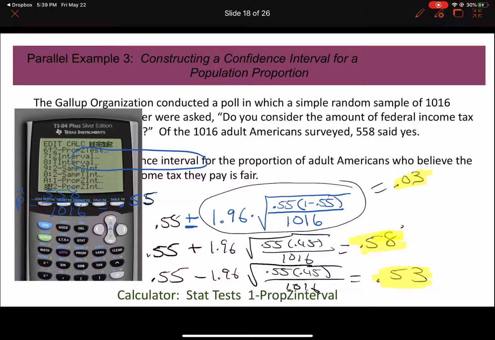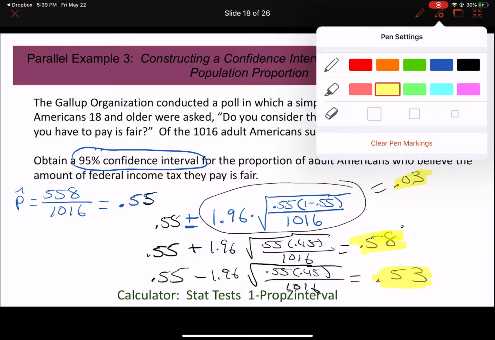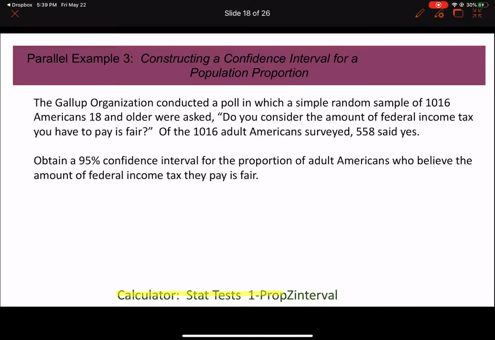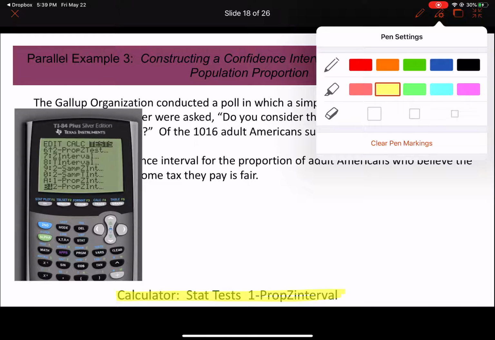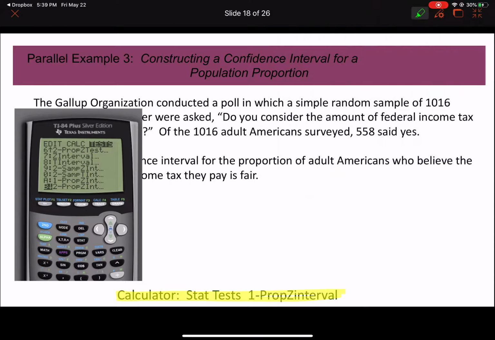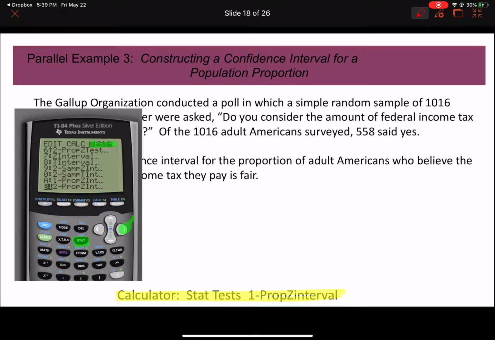I'm going to show you how to do this in your calculator. We're going to use stat, tests, 1-prop z interval. So you'll hit the stat button, arrow over to tests, and then scroll down to 1-prop z interval.